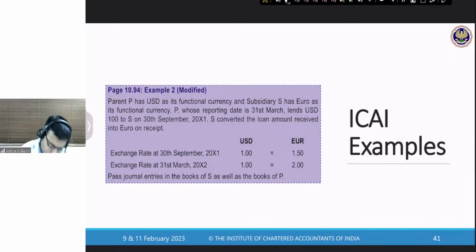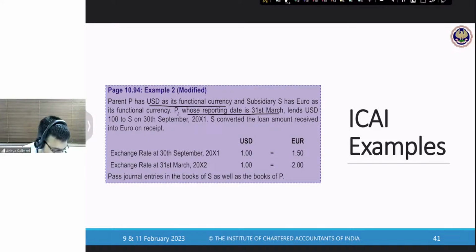Parent P has USD as its functional currency. Subsidiary S has Euro as its functional currency. P, whose reporting date is 31st March, lends $100 to S on 30th September 20x1.